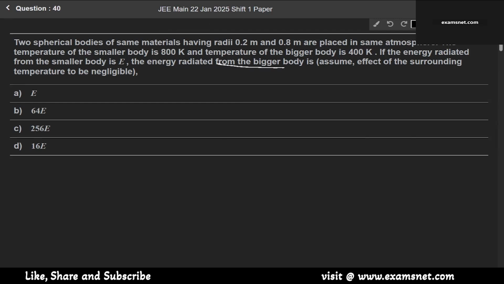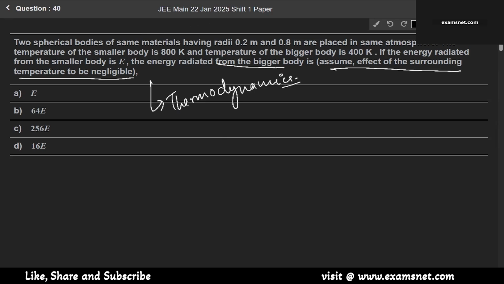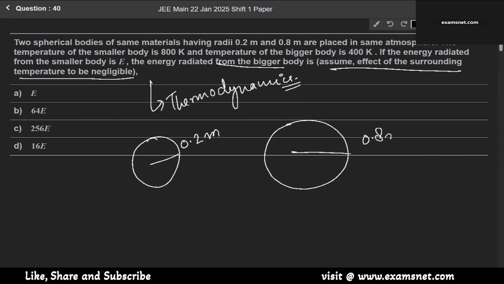Assume the effect of the surrounding temperature to be negligible. First of all, this question is from the chapter of thermodynamics. There are two spherical bodies, this is the smaller one and this is the greater one, with radii 0.2 meter and 0.8 meter.